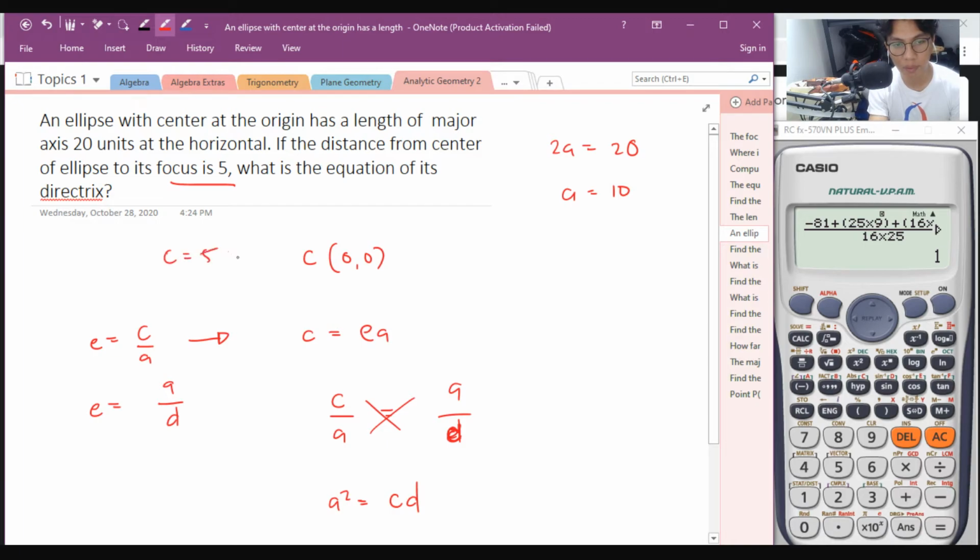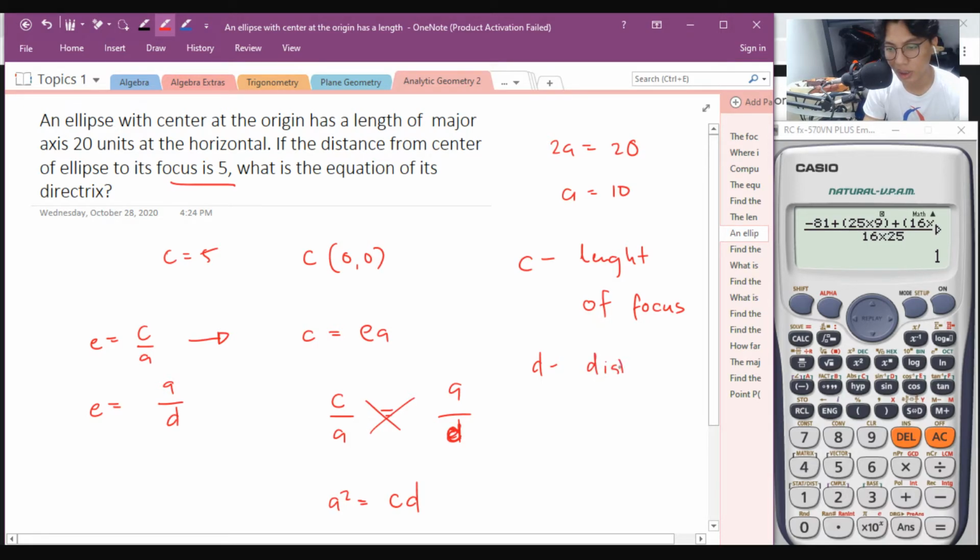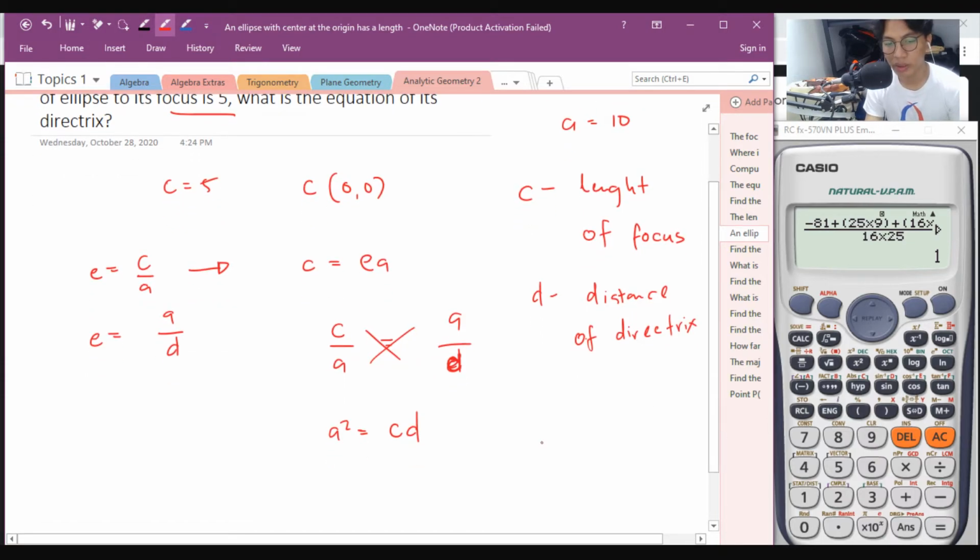Consider that eccentricity is C over A, and it can also be A over D, the semi-major axis divided by the distance of the directrix. So we have a formula.